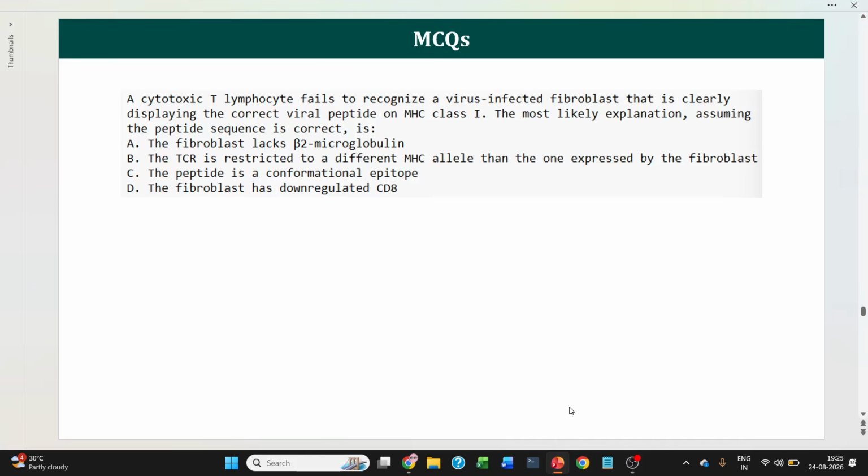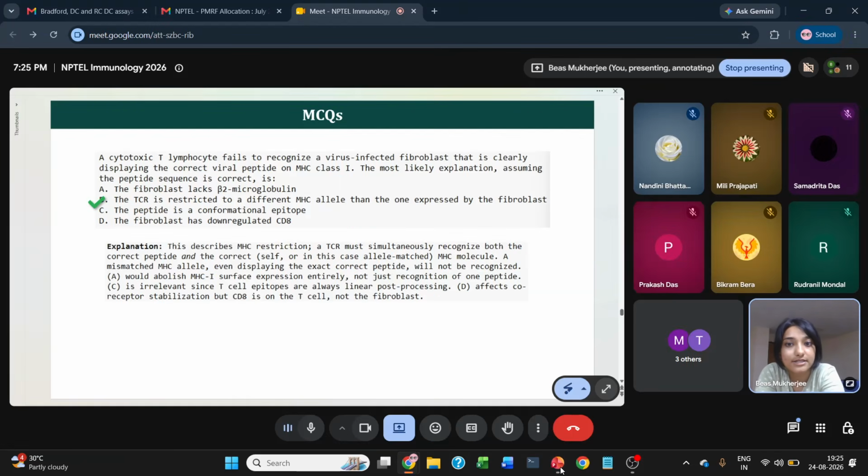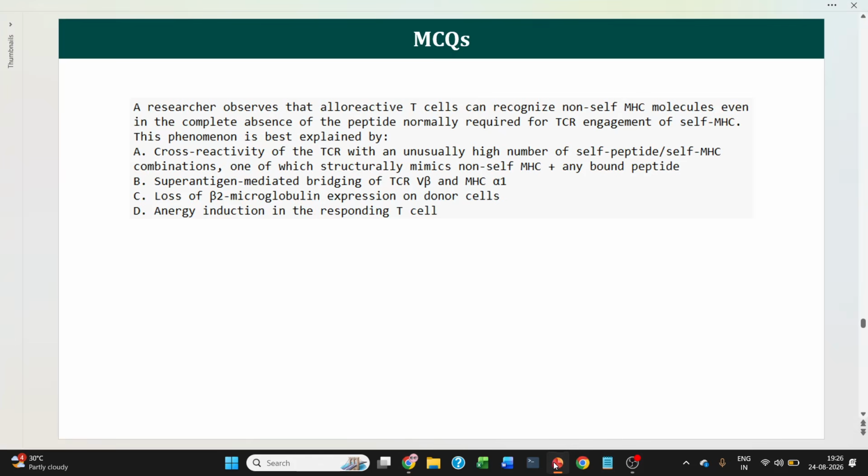Let's see which is the right answer. Yes, that is the right answer. This describes MHC restriction. The TCR must simultaneously recognize both the correct peptide and the correct MHC molecule. In this case, an allelic mismatch is happening. A mismatched MHC allele, even displaying the exact correct peptide, will not be recognized. The other options are of course wrong. You can go through them.